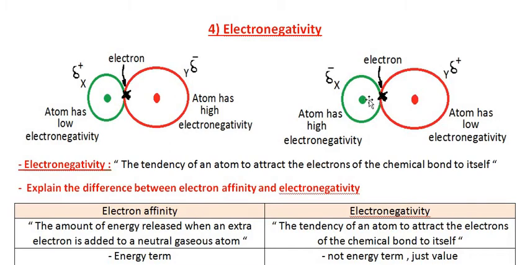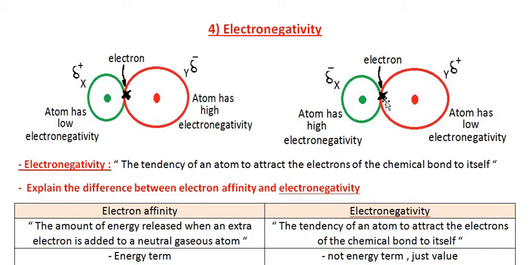Okay, the electron will be closer to the one with high electronegativity, so it acquires partially negative and the other partially positive. So partially negative or partially positive depends on which one has high electronegativity. The atom which has high electronegativity acquires partially negative because it attracts the electron more strongly.